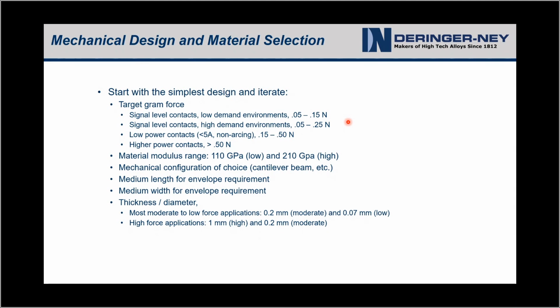Thicknesses on the order of 0.2 millimeters to 0.07 millimeters for low to medium force applications. For high force applications, some of the materials go as thick as 1 millimeter. Many of these contacts operate at spring rates of 0.05 newtons per millimeter to 0.1 newtons per millimeter.